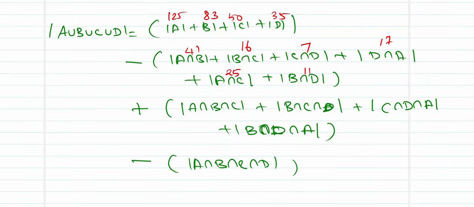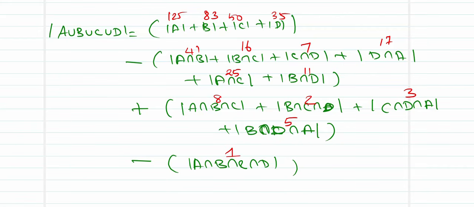So substitute it over here, 3 at a time. A, B, C is going to be 8, B, C, D is going to be 2, C, D, A is going to be 3, and B, D and A is going to be 5. So last one, it was 1.